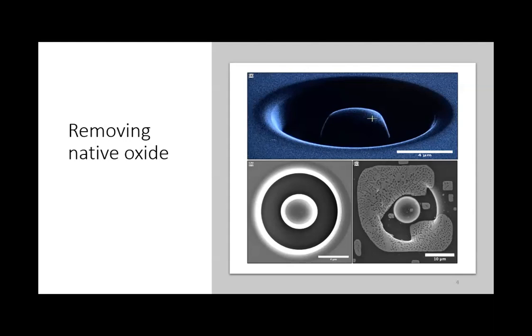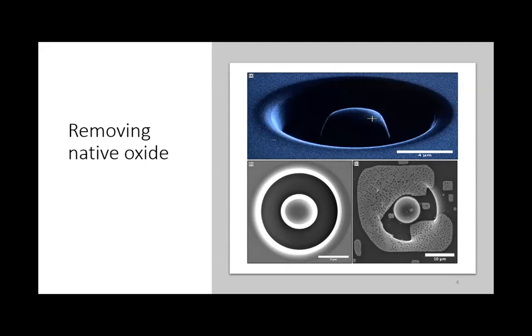Native oxide can form on the material, and this can also contaminate the substrate. If we deposit, for example, gold or any kind of thin film, this native oxide can reduce the quality of the substrate.